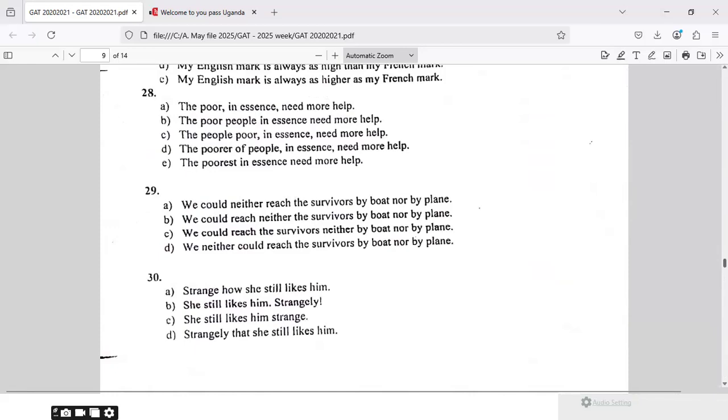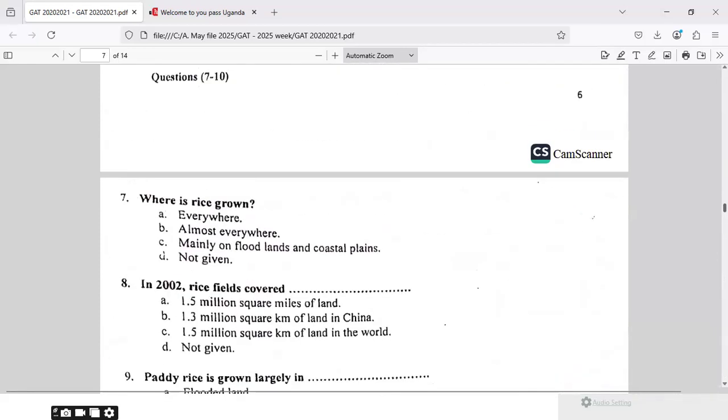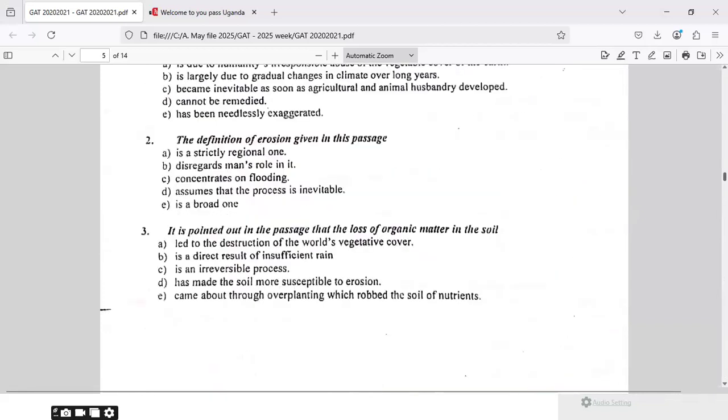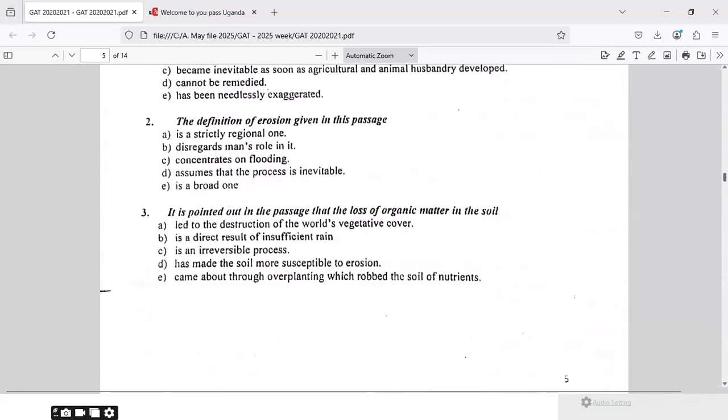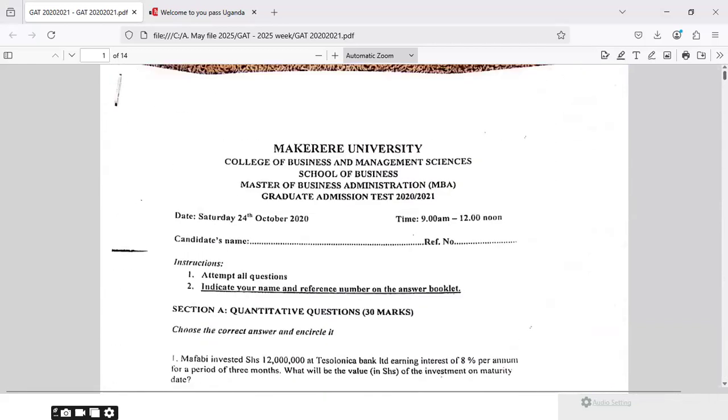Then there is the sentence correction. It has like 120 numbers. And what is the duration? It is 3 hours. You need 3 hours.